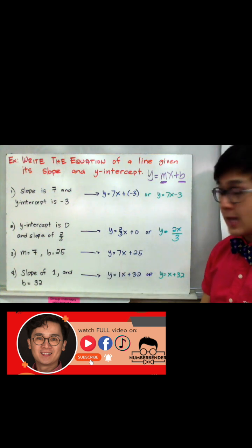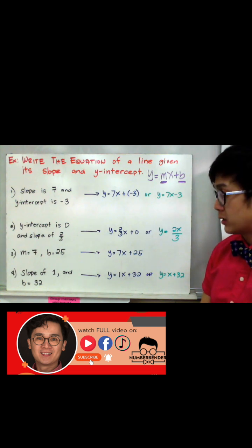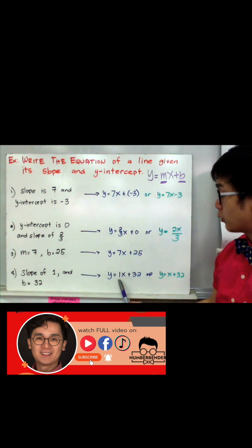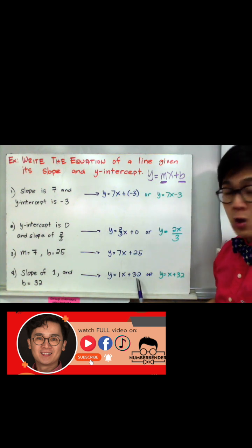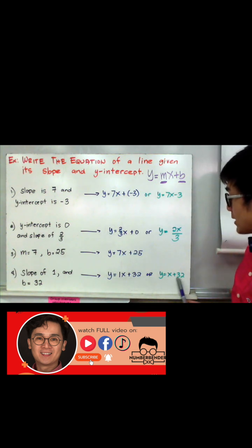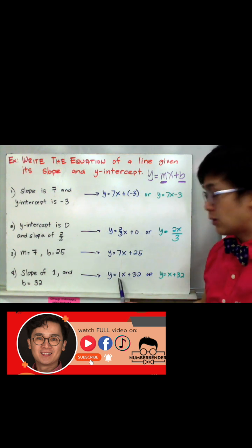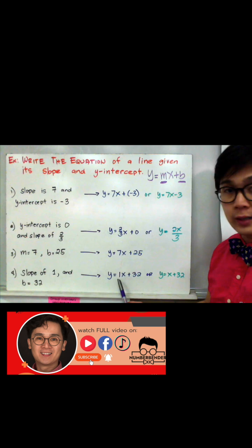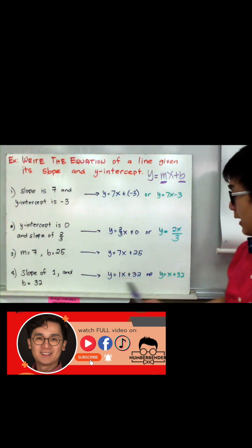And for the last example, we have a slope of 1 and b equal to 32. And by using the slope-intercept form, we have y equals 1x plus 32. You need to remember that we usually don't write the coefficient of 1, so we can rewrite it as y equal to x plus 32.